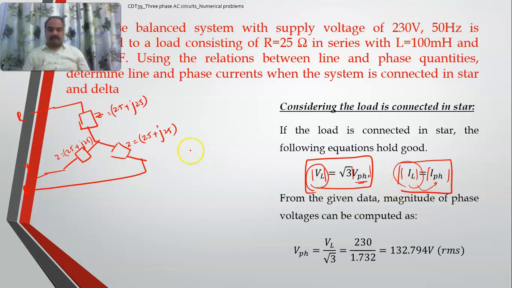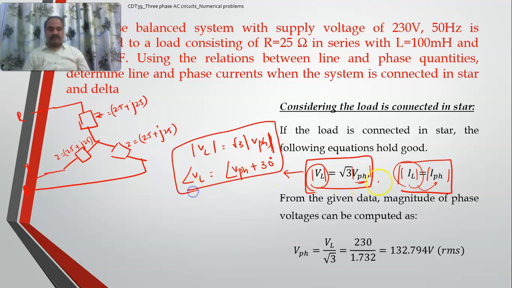So this is regarding magnitude: VL is equal to root 3 V phase. And the angle of VL is the angle of V phase plus 30. Coming to currents, the magnitude of IL is equal to the magnitude of phase currents, and the angle of IL is equal to the angle of phase currents.